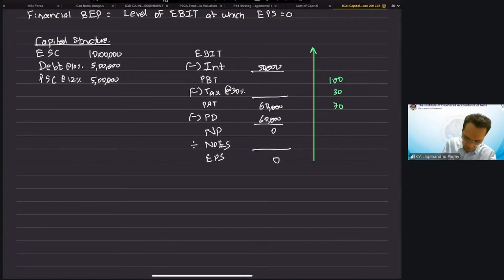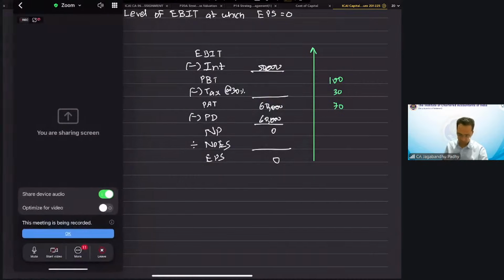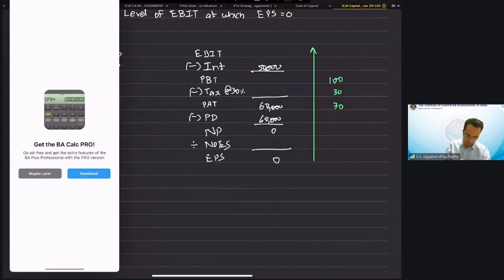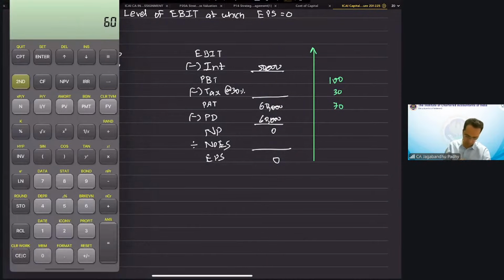The cross multiplication part, in which we just multiply 60 with 100 and divide it by 70. So 60 multiplied by 100 divided by 70. That's going to be what? 85,714.